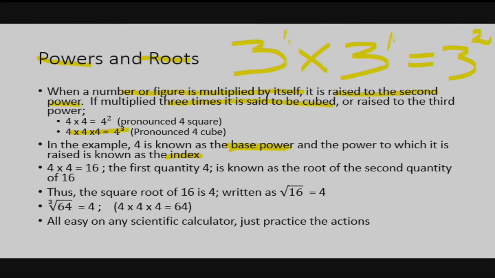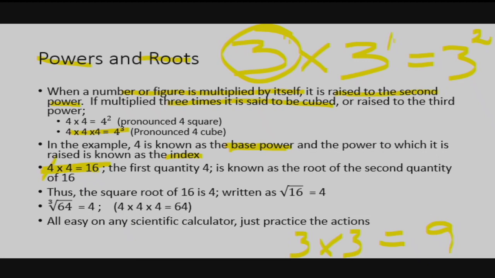All right. Now, just look here when we take 4 times 4 equals 16. Now the same as the first quantity, I could have said 3 times 3 equals 9.